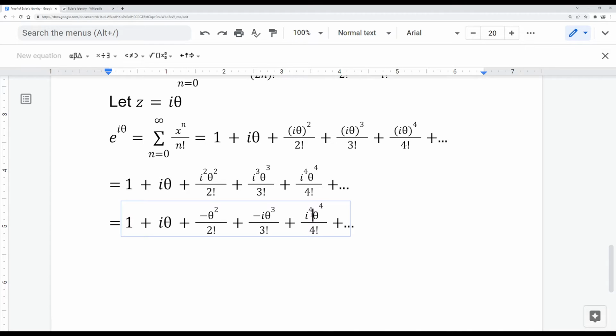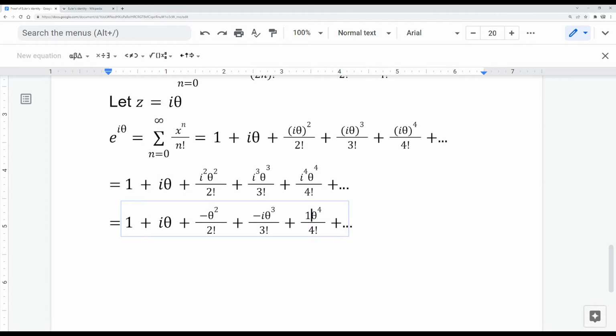What is i to the fourth power? Well, that is i squared times i squared, because again it's exponent rules. And what is i squared again? Negative 1 times negative 1 is, that's right, positive 1. So you kind of get the point here.